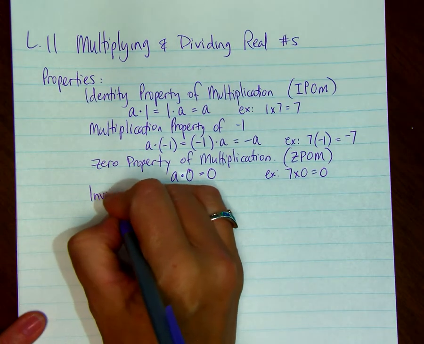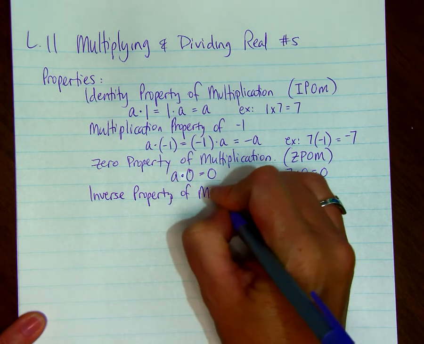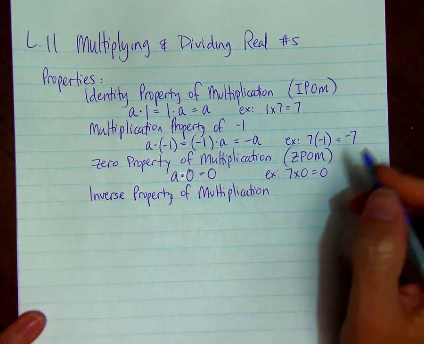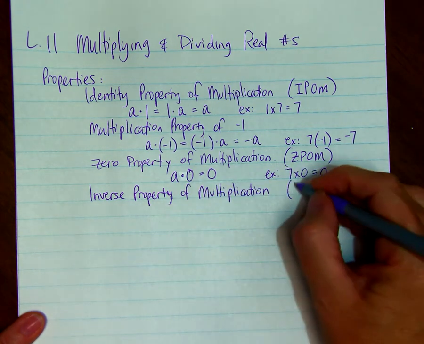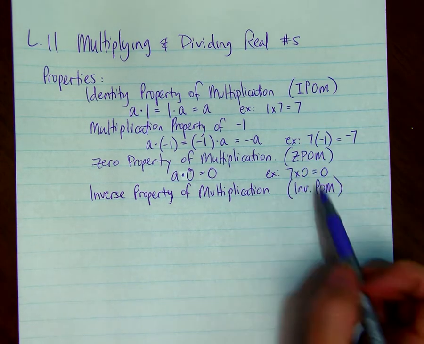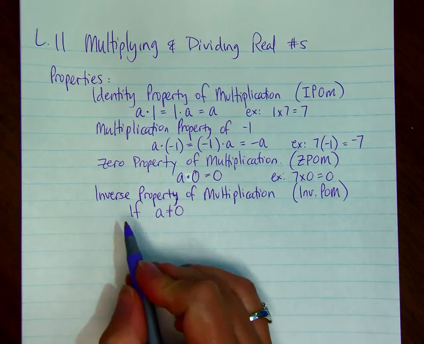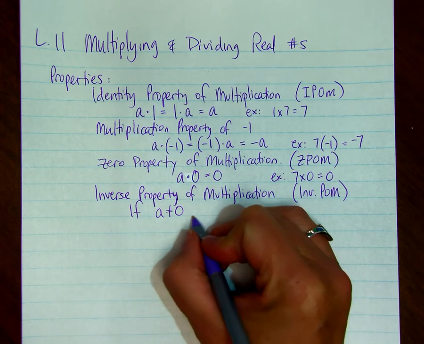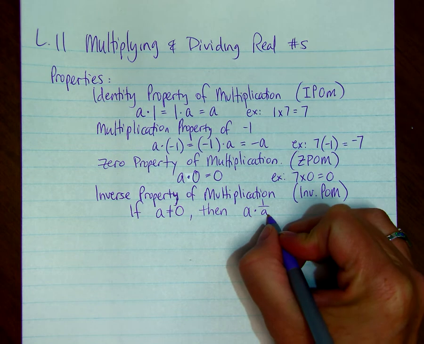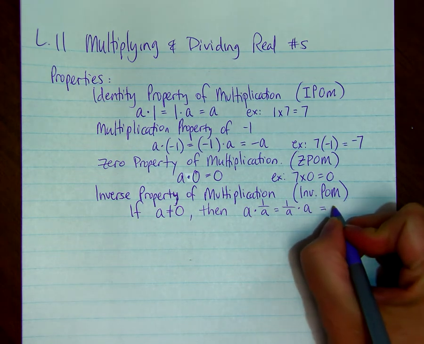The inverse property of multiplication. Since we already have the IPOM, we're going to do INV, I-N-V, POM. That's going to separate the identity and the inverse. So if A does not equal 0, then A times 1 over A equals the same thing as 1 over A times A, which equals 1.